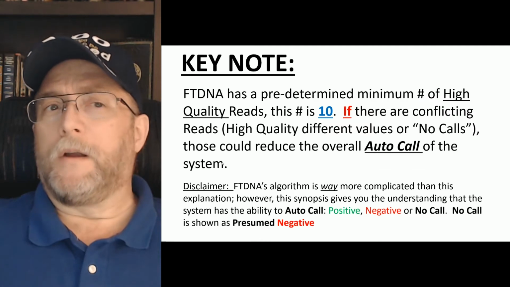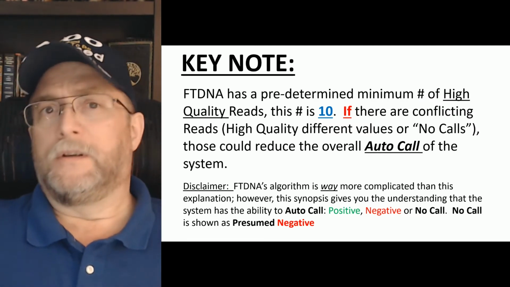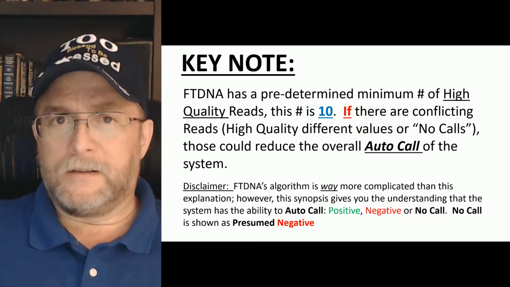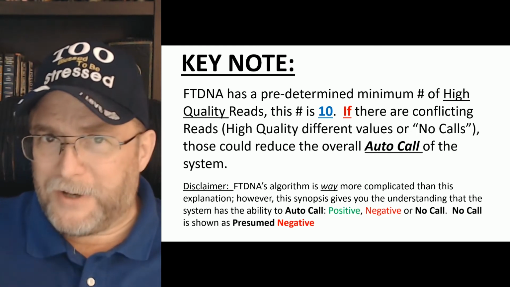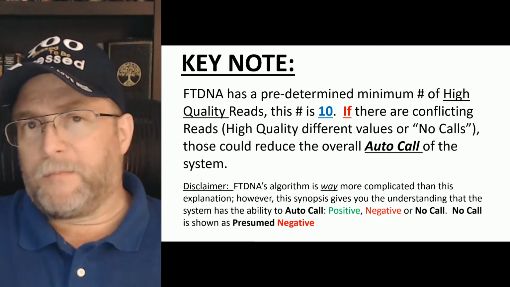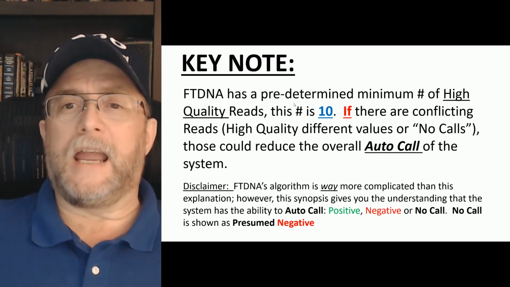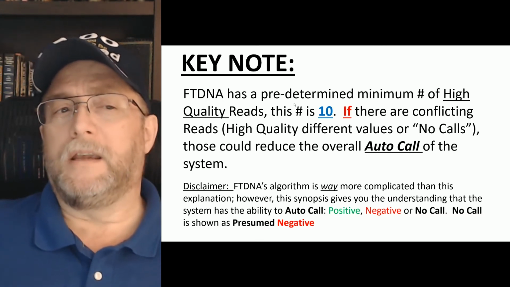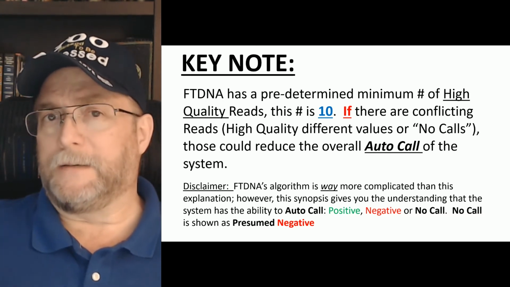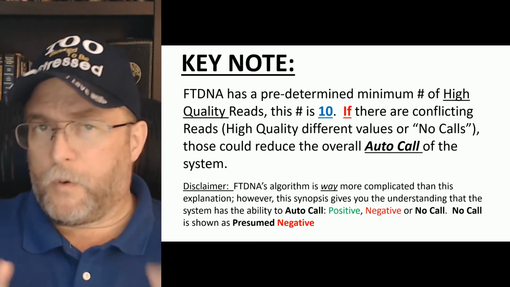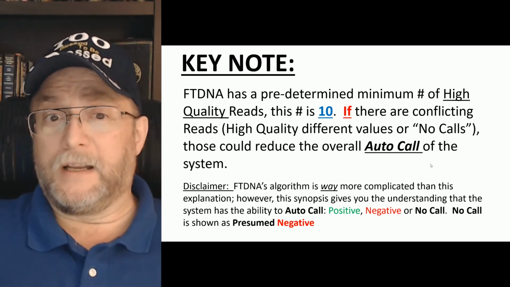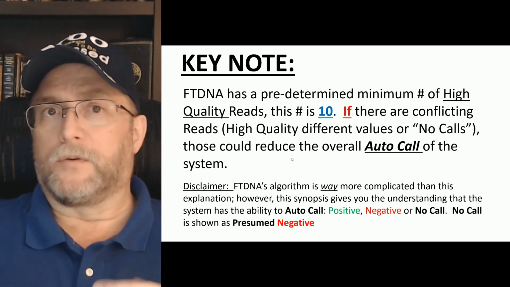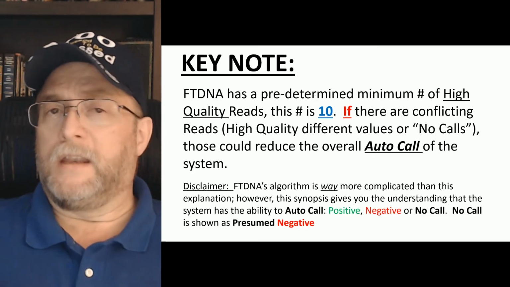Well, before we go any further, we're at that keynote slide that I told everybody to skip forward to if they understood how to get to that point, and bring everybody together. FTDNA has a predetermined minimum of quality reads, and that's 10. So if there are 10 quality reads and there are no conflicting high quality values or no calls, then it can make the call.